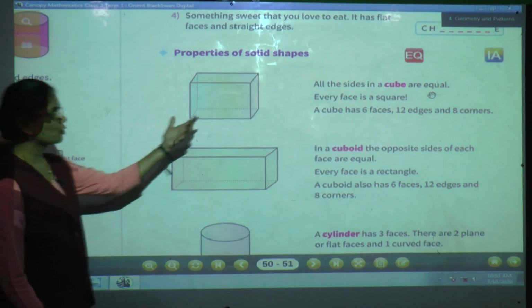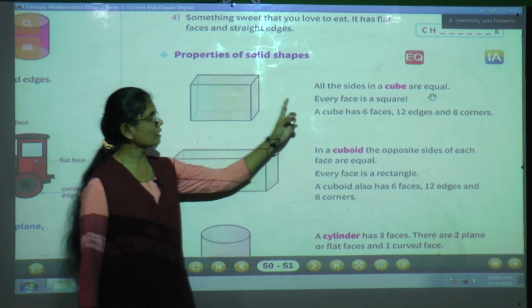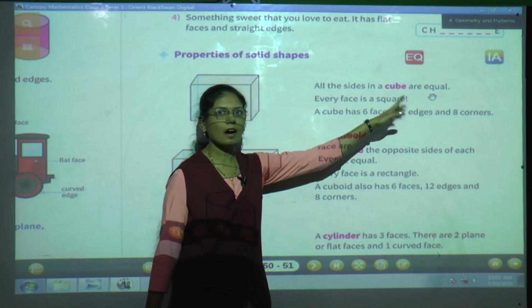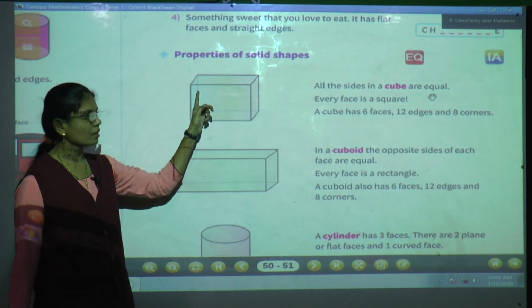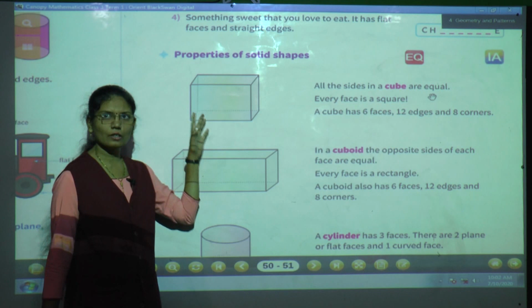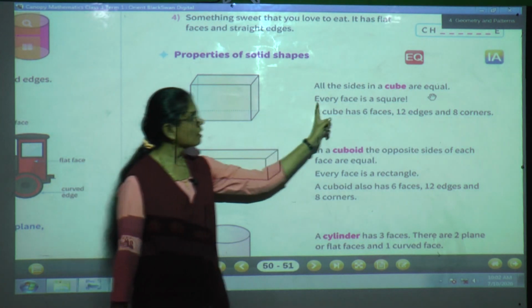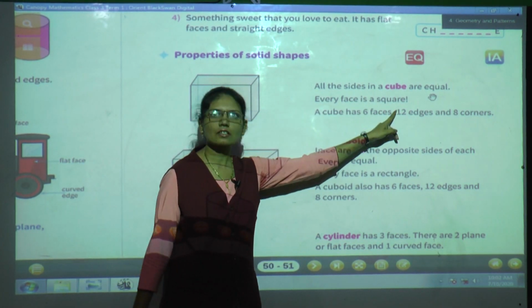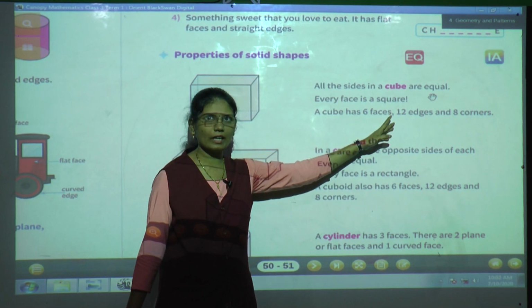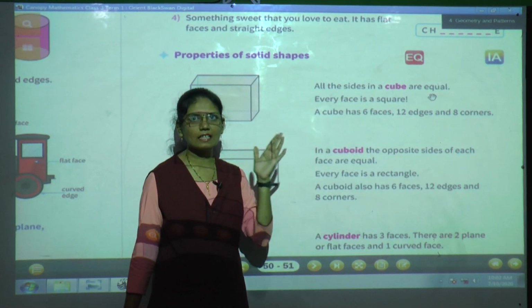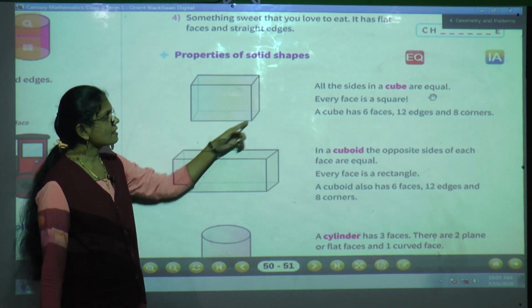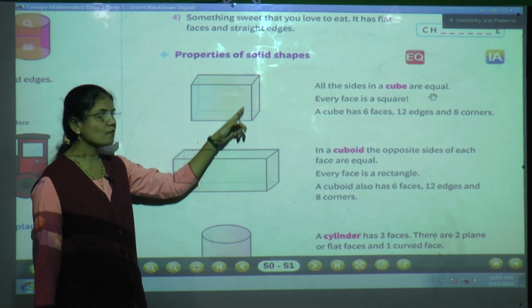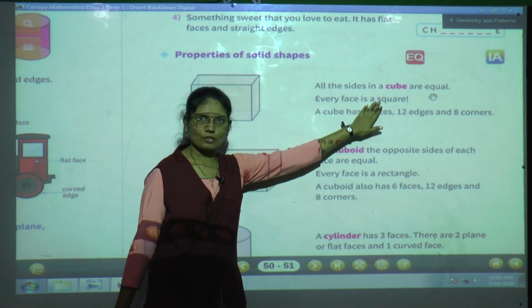Now see all the sides. All the sides are equal. Why? Because every face is a square, and you know very well, in a square all the sides are equal. So in a cube also all the sides are equal and all the faces are square in shape.